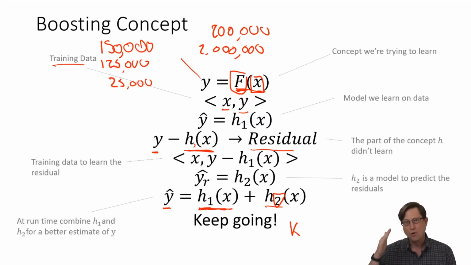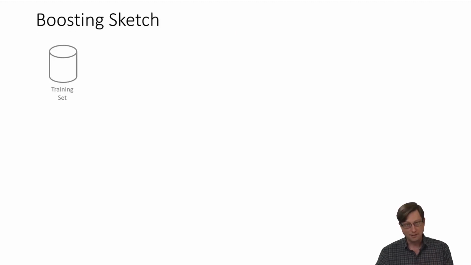Then you could learn a whole series of models trying to predict that corrupted data, and that's not going to help you. That's just going to make you overfit. So, other than this criteria that you might not want to just blindly pick a K, but you might want to have some overfitting correction as a hyperparameter in the search process, this is essentially what we're talking about when we say boosting.